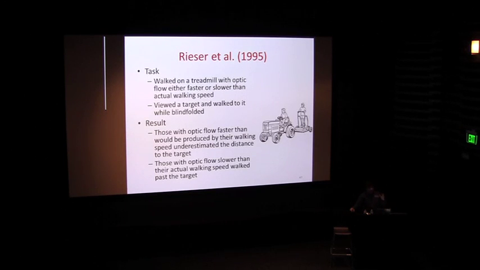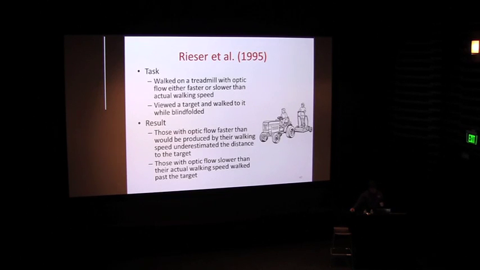Okay? And then after some time in this experience, the participant was blindfolded and got off the treadmill. Their blindfold was removed, they viewed targets at various distances, and then they were again blindfolded and asked to walk to the perceived location of these targets.